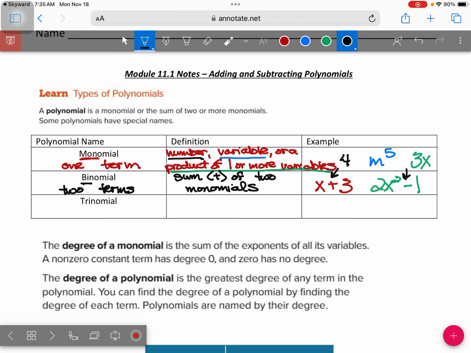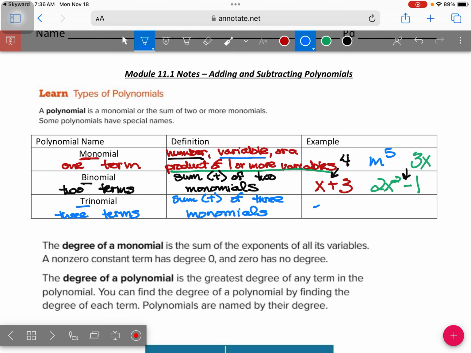Okay? And finally, trinomial, you know it, our friend and yours, is going to be how many terms? 3 terms. 3 terms is the sum of, we're adding, sum of 3 monomials.